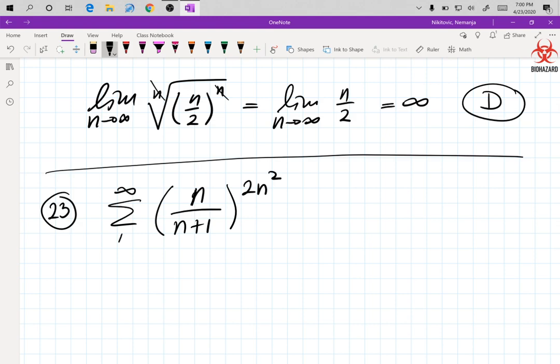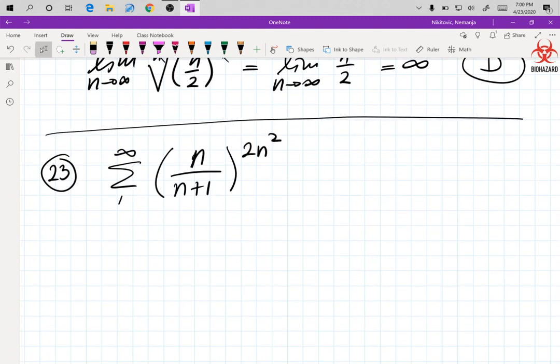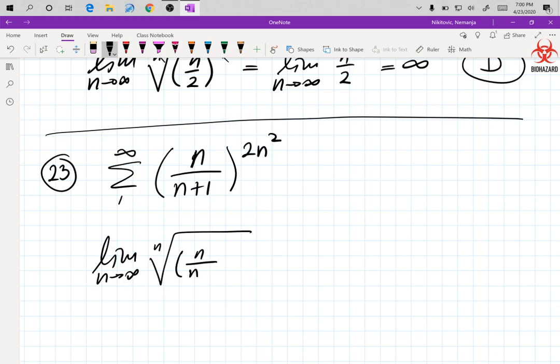And the question is, what is this? Well, we do the root of the whole problem. So the limit as n goes to infinity of the nth root of (n/(n+1)) to the 2n squared.